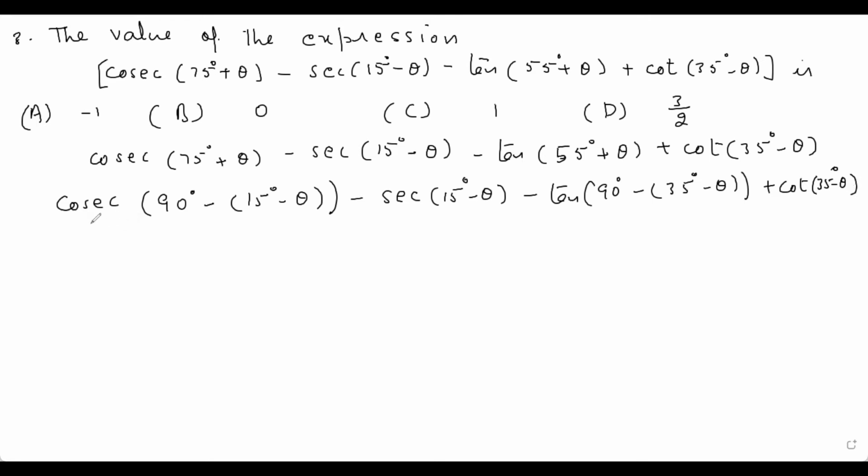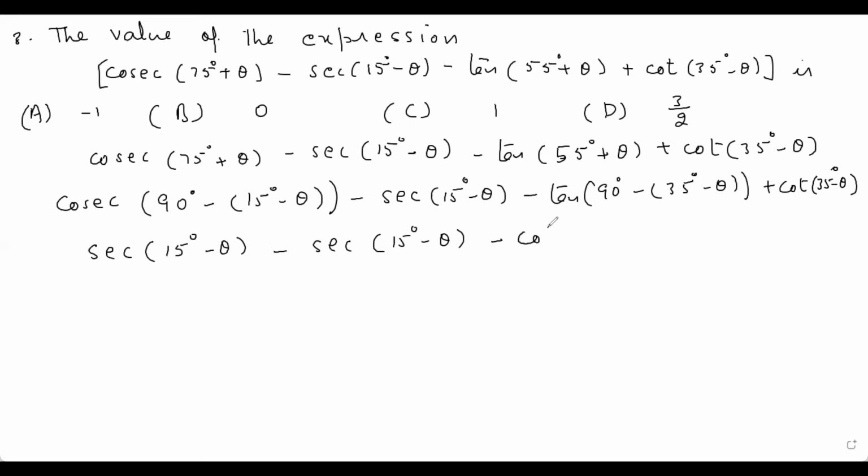Now, cosec 90 minus theta is sec theta. So this is sec 15 degree minus theta minus sec 15 degree minus theta. You know tan 90 minus theta is cot theta.